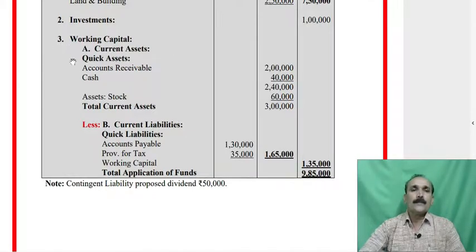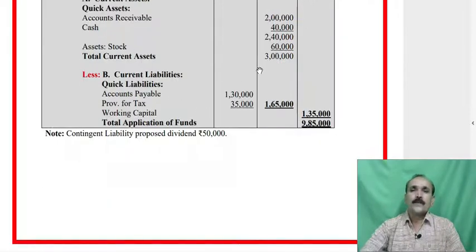Third, working capital. A. Current assets. Quick assets: account receivable 2 lakhs, cash 40,000. Total quick assets 2,40,000. Stock, current assets 60,000. Total current assets is 3 lakhs, less the current liabilities.